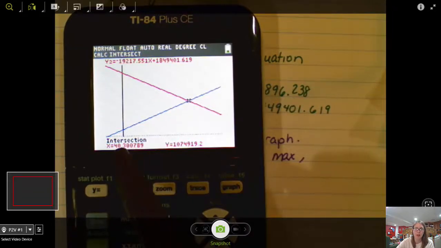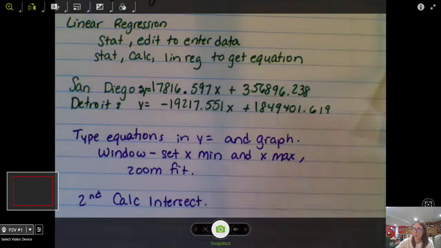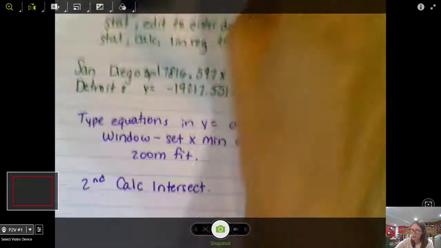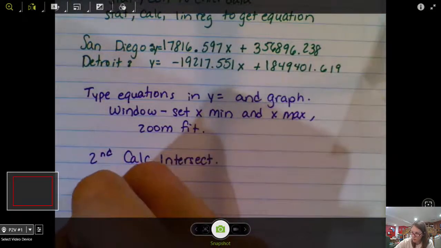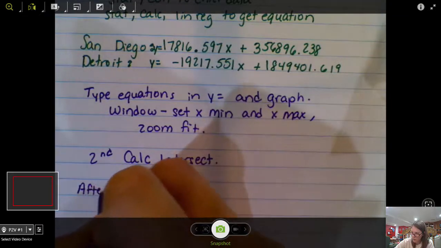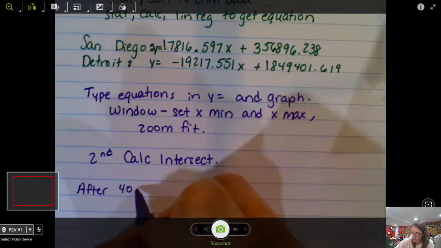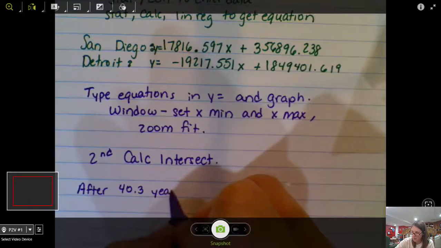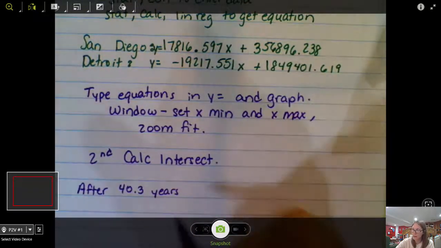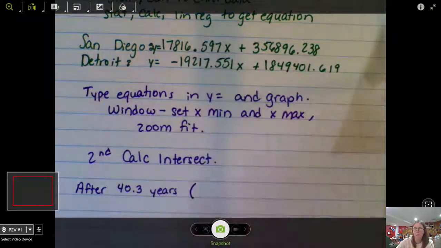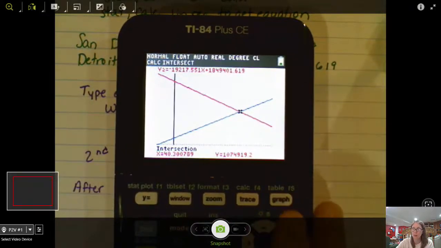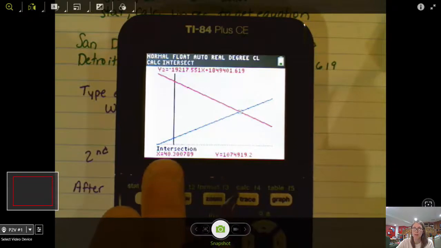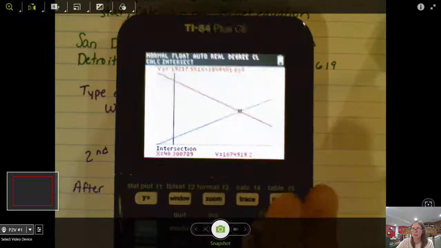So it's when x is 40.3. To answer our question, after 40.3 years, which would be the year, well, we called year 0 1950, so this would be 1990.